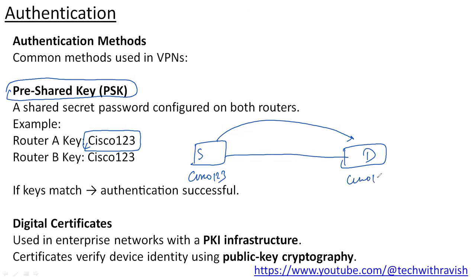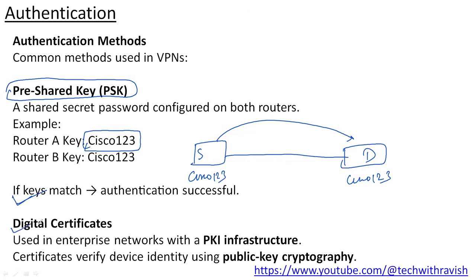Dear all, don't be confused. This is not the permanent key. It is just an example. The pre-shared key will be provided on the basis of which the users will be validated, that the user is valid or not. If the keys match, the authentication will be successful.